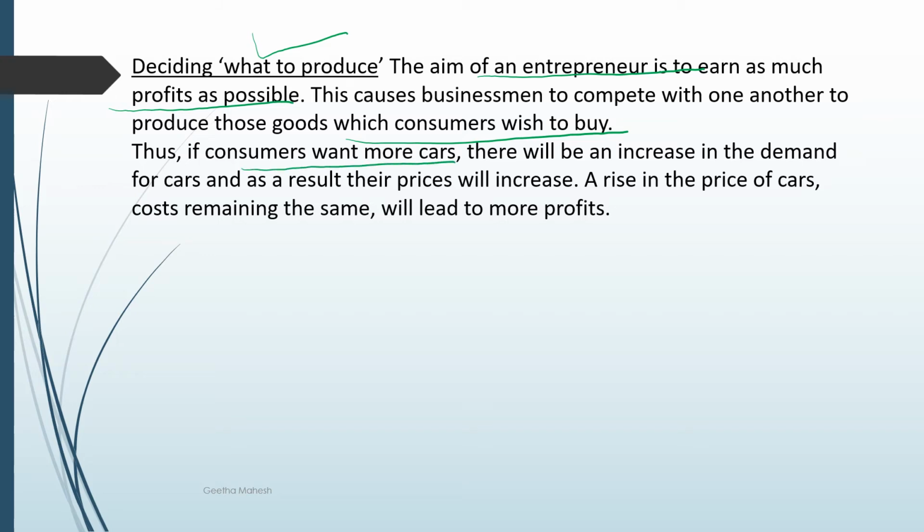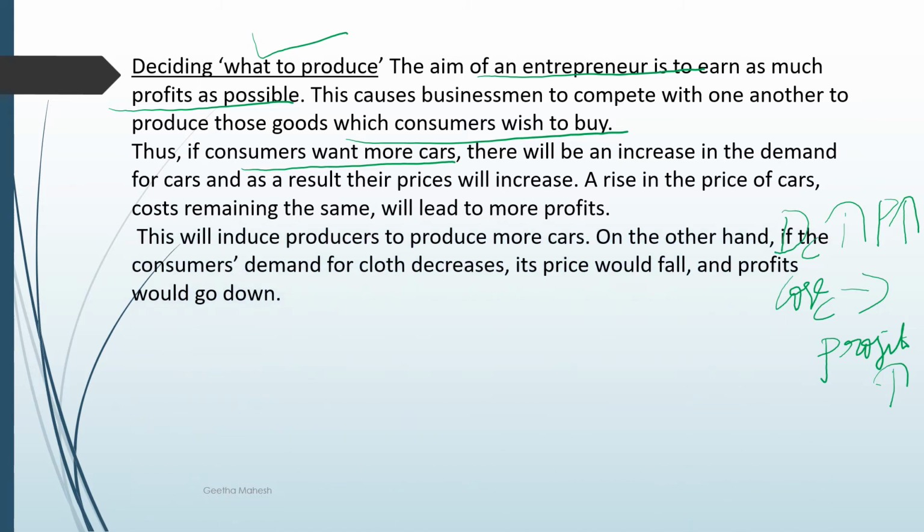Suppose consumers want more cars, so definitely demand for cars increases. Keeping the cost of production of cars constant, when demand for cars increases, price also increases. When price increases, definitely profits are also going to increase. So producers like to produce more cars because consumers wish to buy those products.